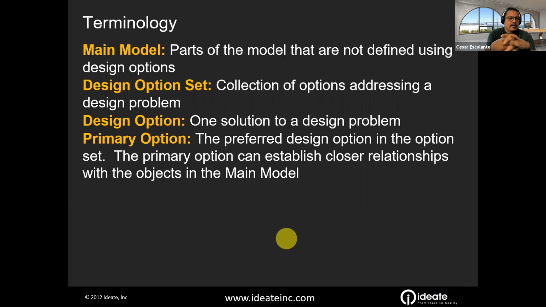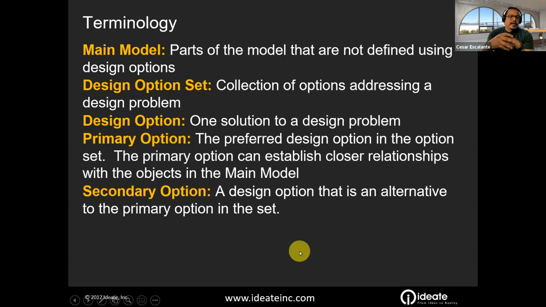For example, walls that belong to our primary option will connect very neatly with the main model walls, only if they are part of the primary option. And so the connection of objects appears very clean between the primary option and the main model. And you're going to see this shortly.